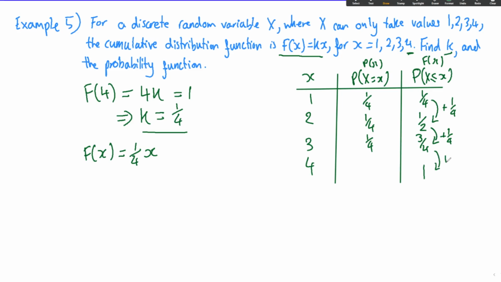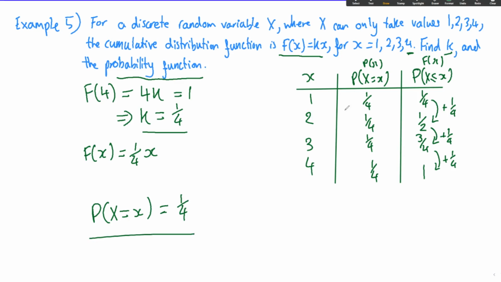And then we finally add 1/4 again. And there you go. We've got the probability distribution. But it wants the probability function. So it wants a function for what P(X = x) is. Well, what we can say is that it's always 1/4, no matter what value of x you put in.